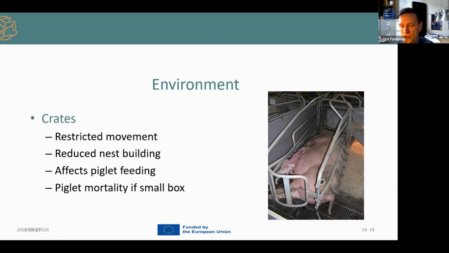And this is, of course, because the farrowing pen is quite small, typically around 4.5 square meters. Building it bigger would cost money, but it will also increase the likelihood of the piglets being able to nurse more efficiently.